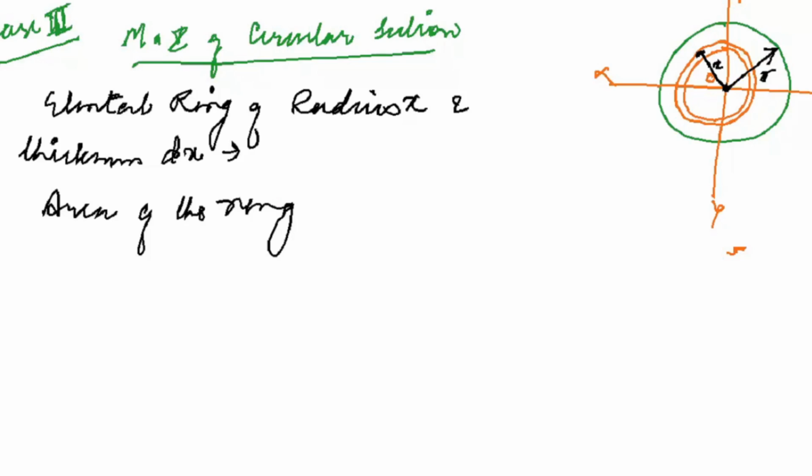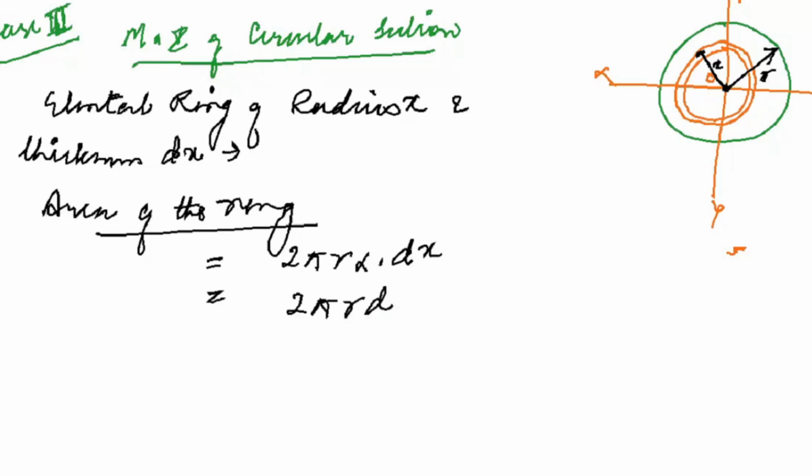It is the actual radius of the ring. Now we want to know the area of the ring. How will we calculate the area of the ring? Can anybody tell me? It will be simply the perimeter 2 pi r multiplied by its thickness. Area of the ring, its circumferential, will give out to be 2 pi r dr.